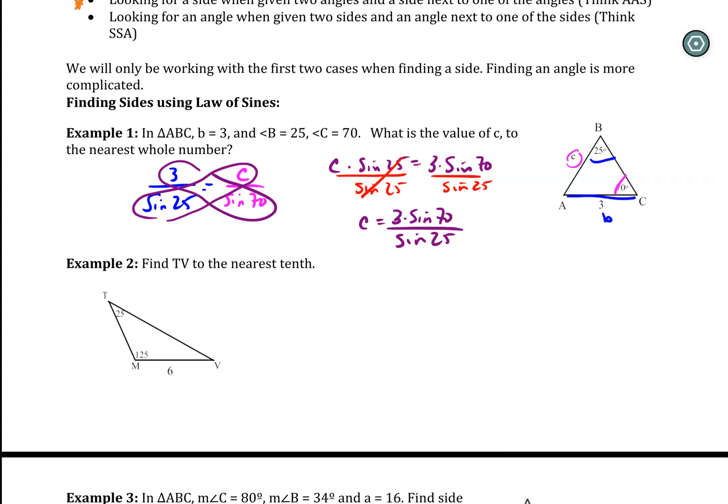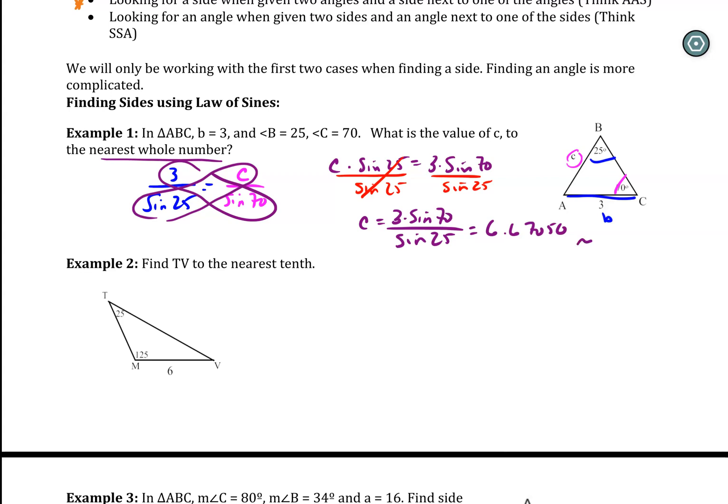All right, and now we're going to plug this into the calculator. So let's plug this part in. We've got 3 sine of 70. Get that answer, divide it by the sine of 25. And this whole thing is equal to 6.67050 and so on. What did it ask us to round to? The nearest whole number.